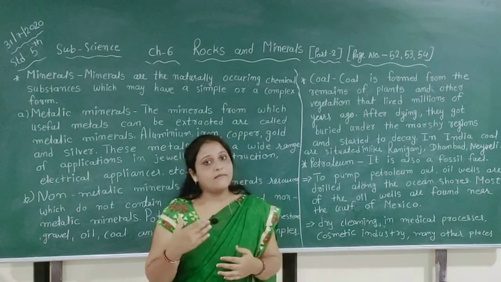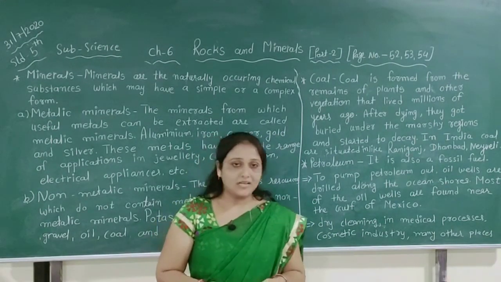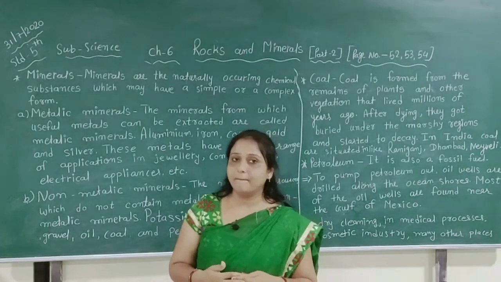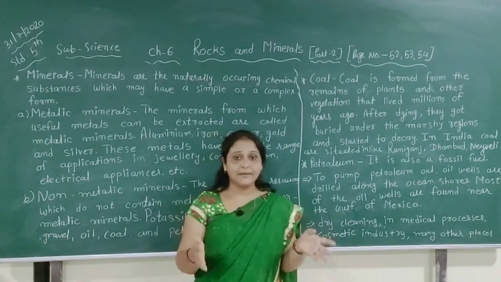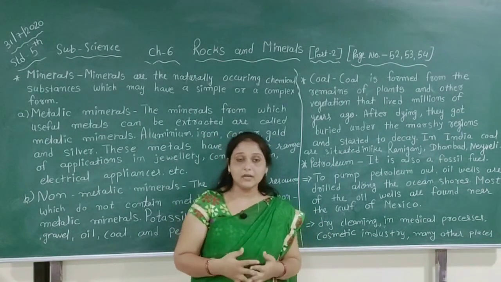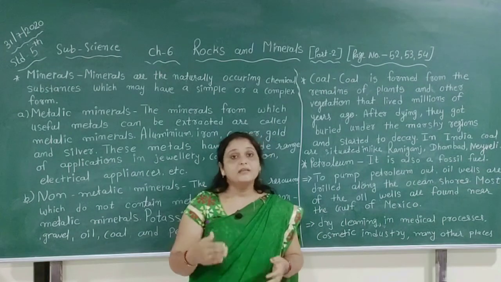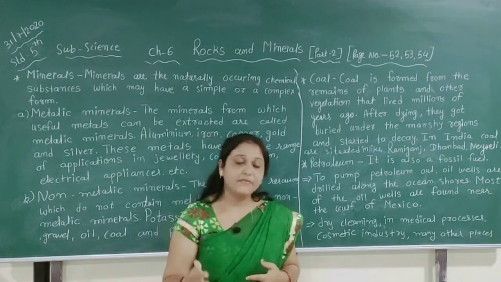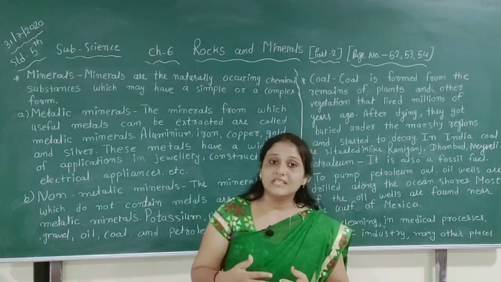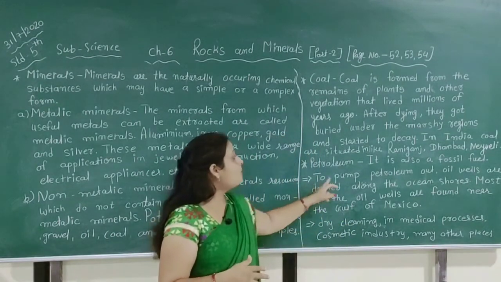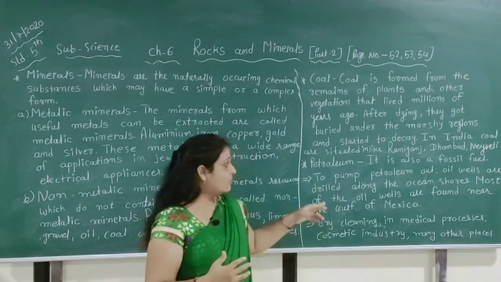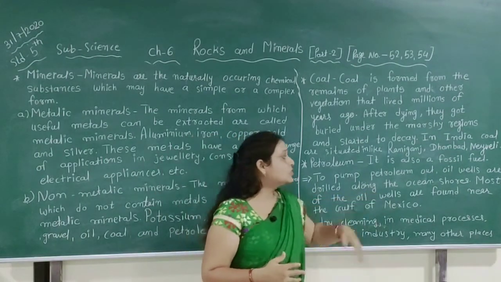First, the animals which live in water and other aquatic plants die, and the sediments cover them, and after some time, they will be converted into petroleum, and we can get petrol from these areas. To pump petroleum out, oil wells are drilled along the ocean shores.